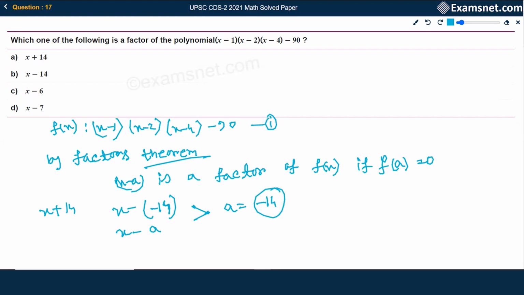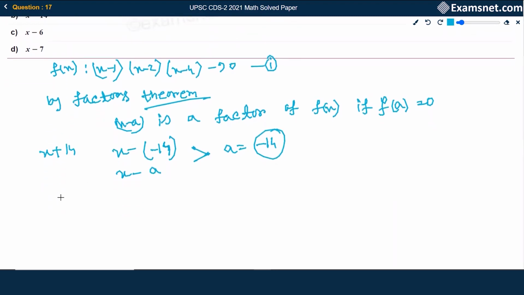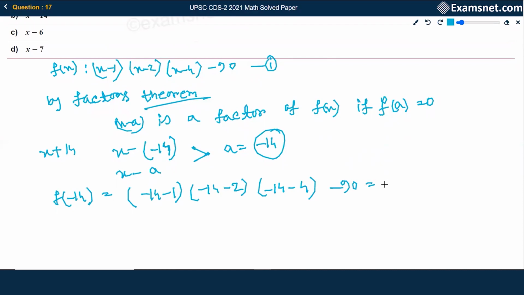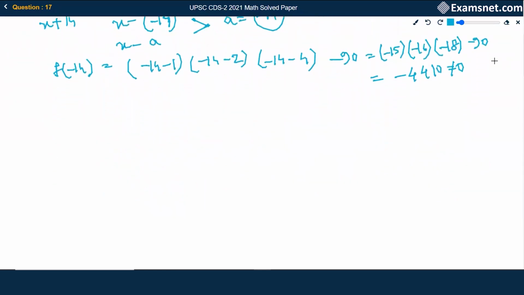We have to check whether f of minus 14 gives us 0 or not. f of minus 14 gives us (minus 15)(minus 16)(minus 18) minus 90, and the final answer is minus 4,410, which is not equal to 0. That means x plus 14 is not a factor of this polynomial.